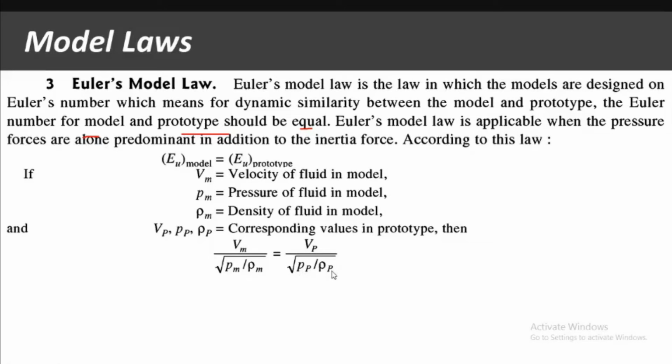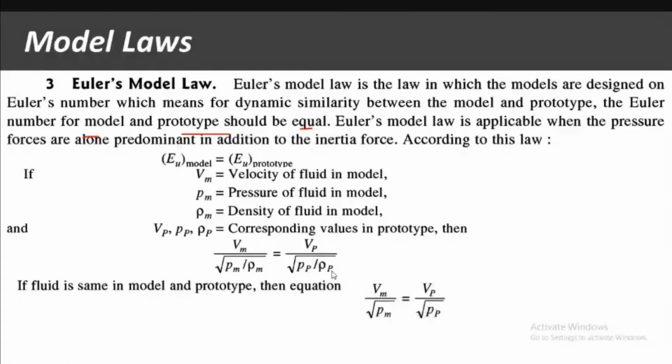Now here ρm and ρp are the density of fluid. So if both the fluids are same, ρm equals ρp, and simply we will have Vm upon root Pm equals Vp upon root Pp.